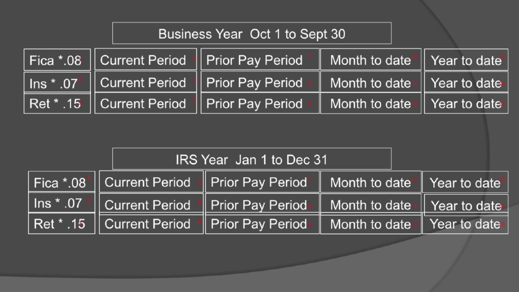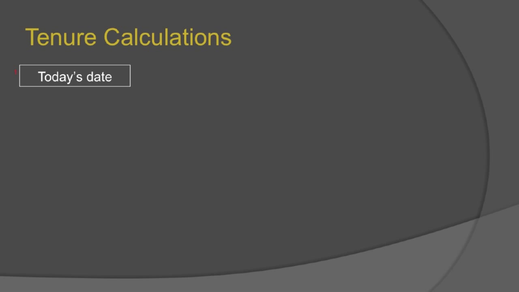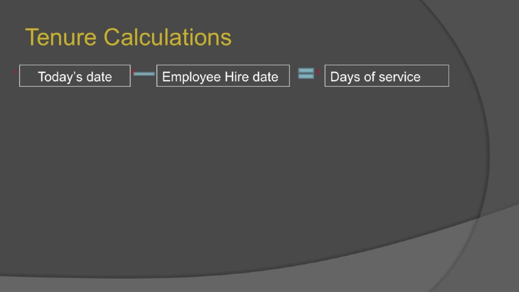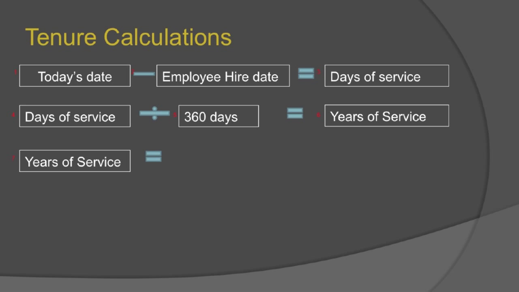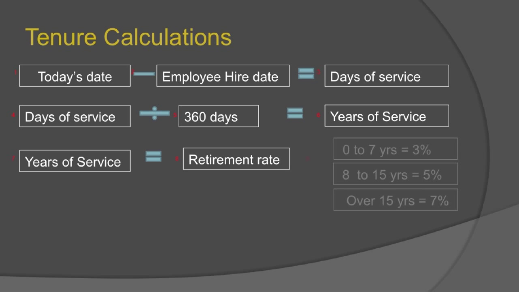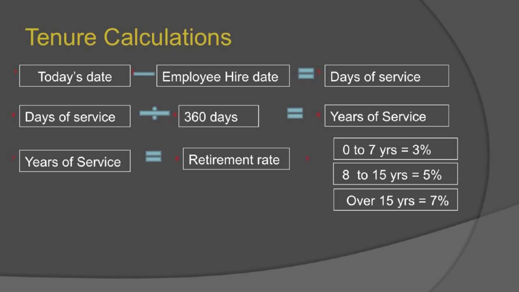Now when we get to the tenure event, this is where we start playing with dates. So, this would take today's date, you subtract the employee hire date, which would give you days of service. And then the days of service divided by the 360 days will give you years of service. And then somewhere along the line, you have to compare years of service to some retirement rate that will give you, 0 to 7 is 3%, 8 to 15 is 5%, and over 15 years is 7%.